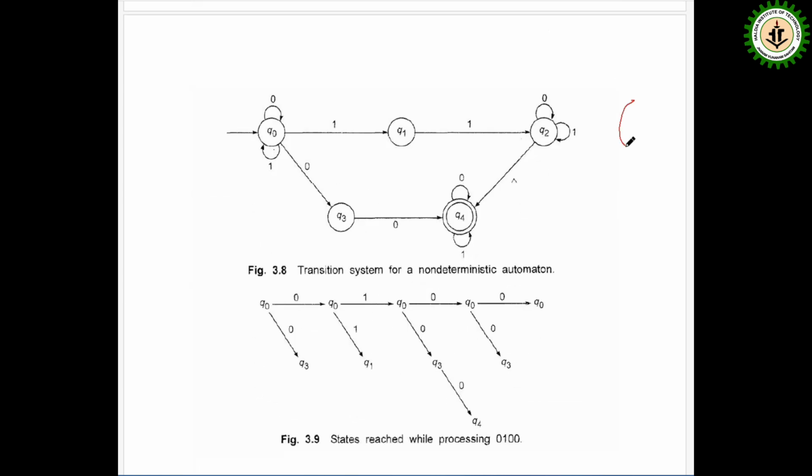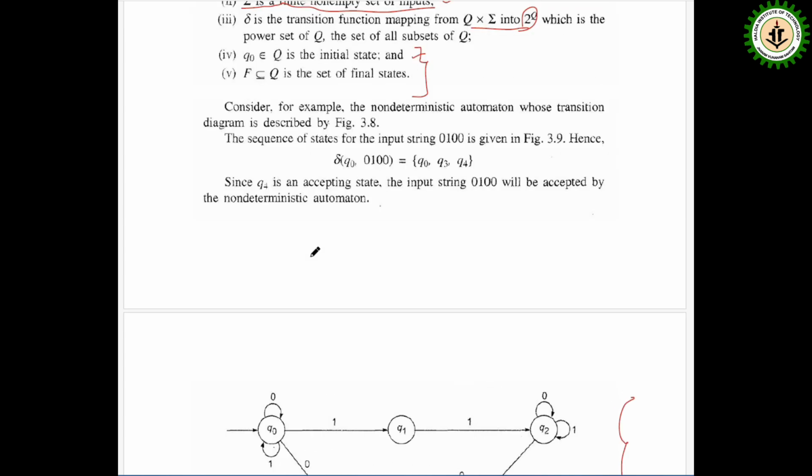Here is another example. The initial state is Q0 and the final state is Q4. There is an example and the input string is 0, 1, 0, 0. We have to decide the different states.